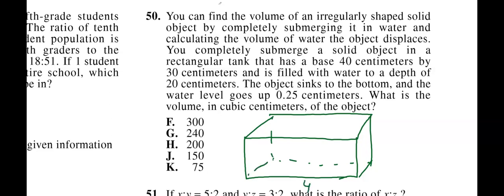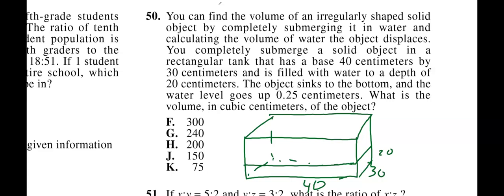Okay, so 40 by 30, and is filled to a depth of 20 centimeters. Not drawn to scale, folks. Now, the object sinks to the bottom and the water level goes up 0.25 centimeters.